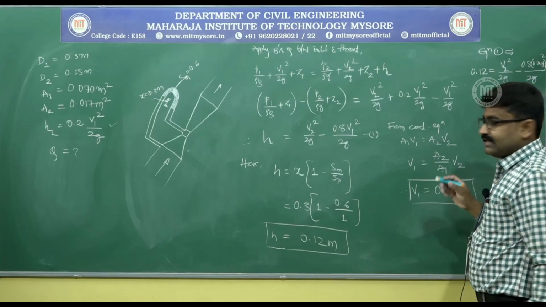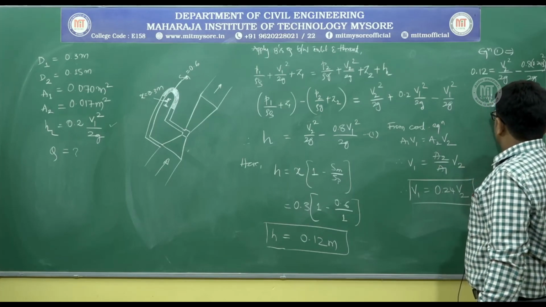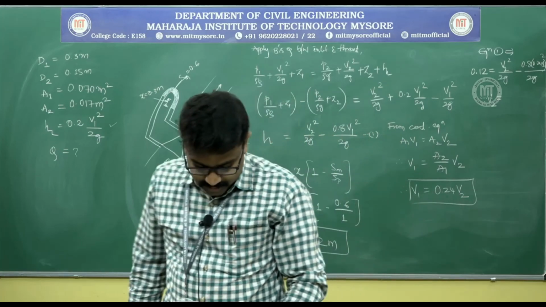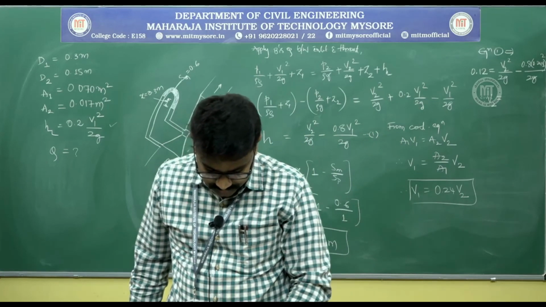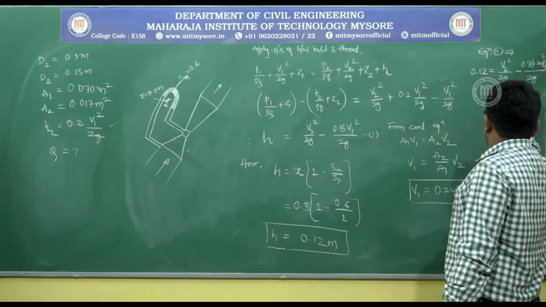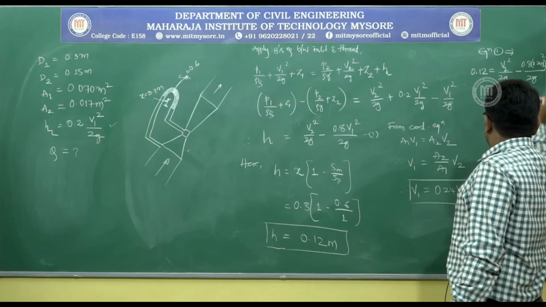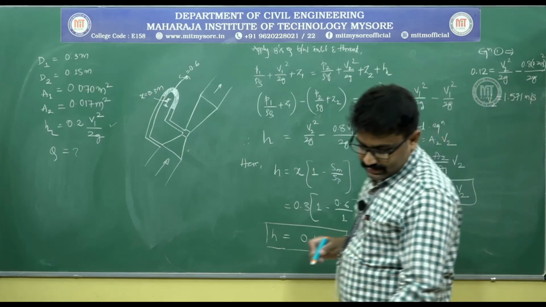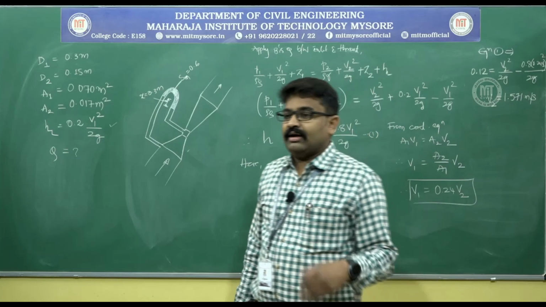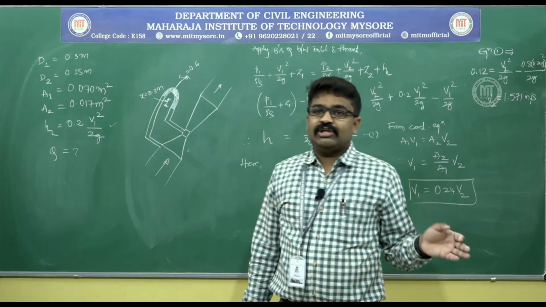The only unknown in the equation is V2, so you will solve for V2. When you solve it, V2 will be equal to 1.571 meter per second.